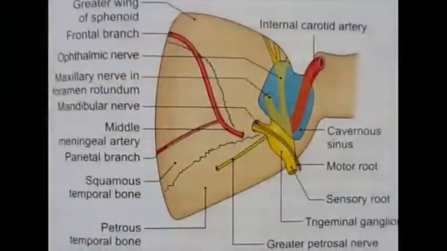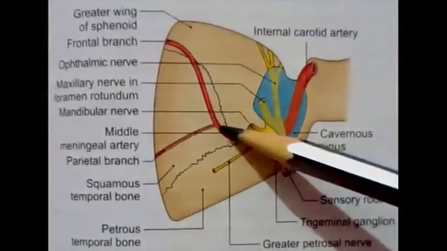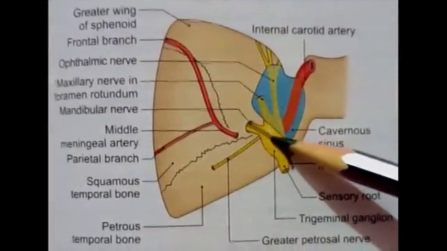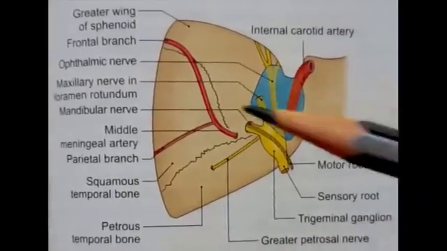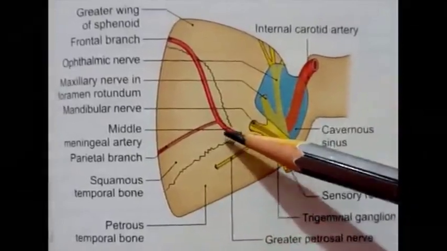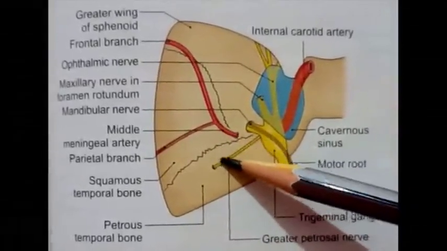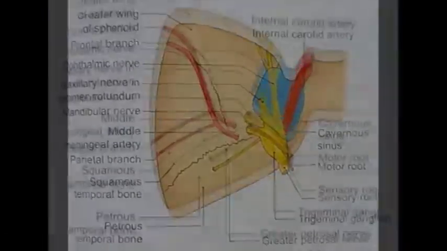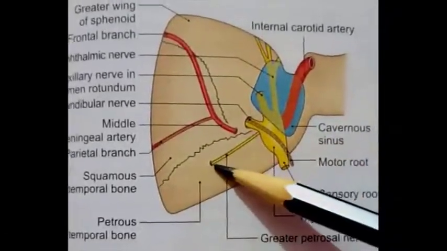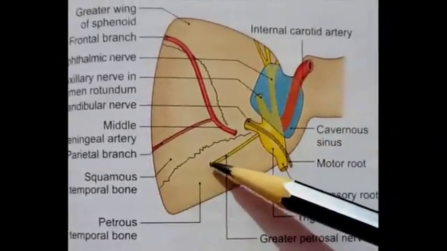Within the cranial cavity, it gives ganglionic branches to the trigeminal ganglion. A petrosal branch is also given from it to the hiatus for the greater petrosal nerve. Hiatus means an opening or a breach in any structure.